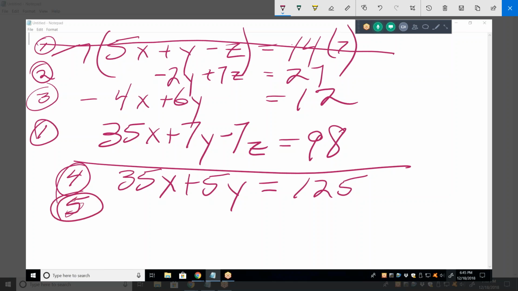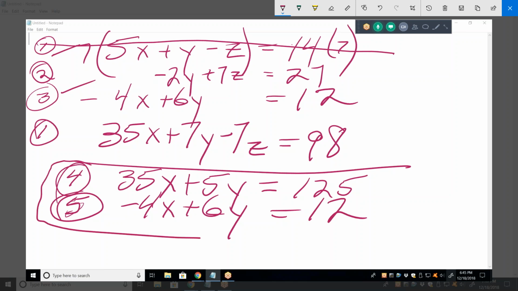Well, we don't have to try to eliminate z. We already have an equation 3 that is missing z, so let's just use it.